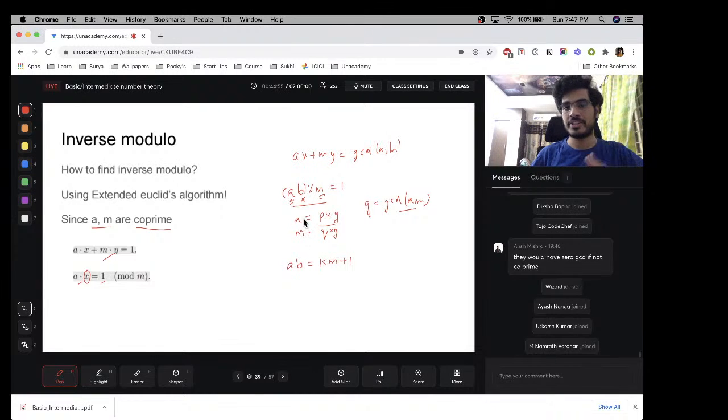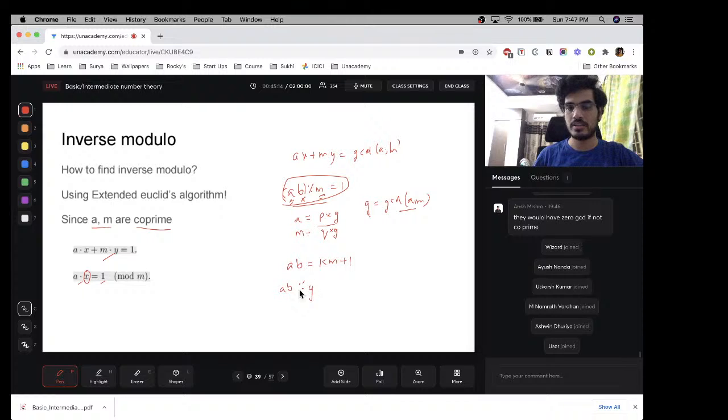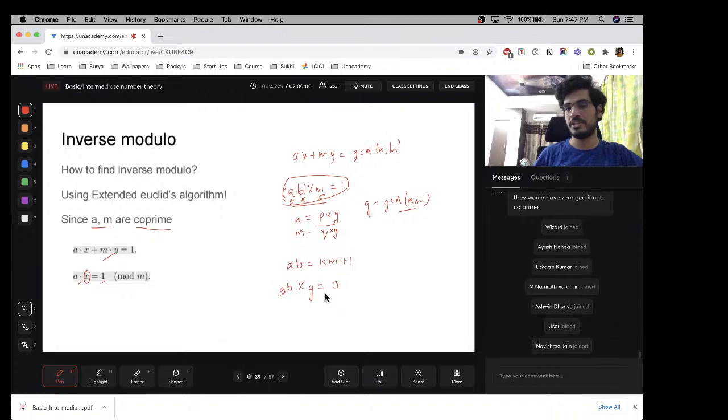Let us prove by contradiction. Let us say there exists some B where A into B equals K into M plus 1. Then we try to divide G on both sides. A into B mod G is equal to 0, right? Since G is a divisor of A, A is a multiple of G, so A into B is also a multiple of G, and this will be equal to 0.